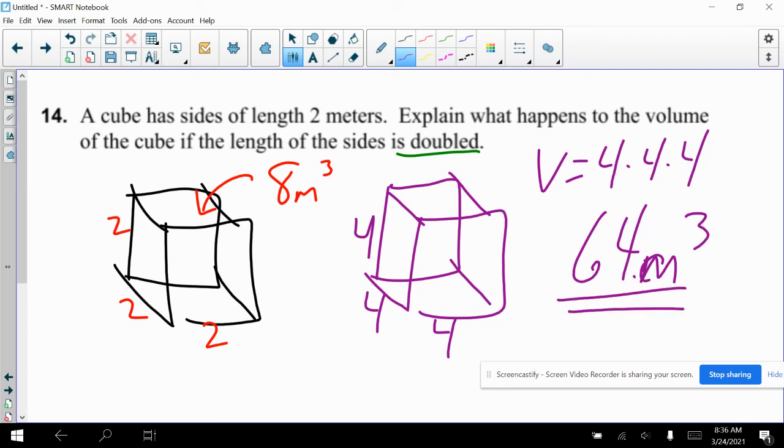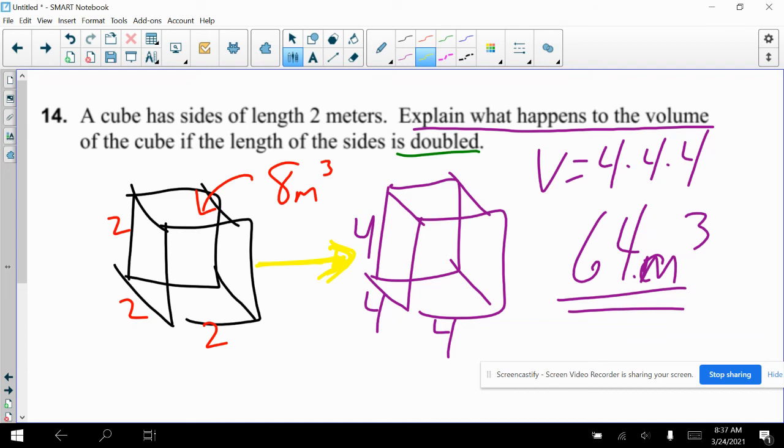We're not done with the problem yet. Because the question says, explain what happens to the volume. So in other words, what happened from here to there? What happened? Kahan? No. Did the volume double?